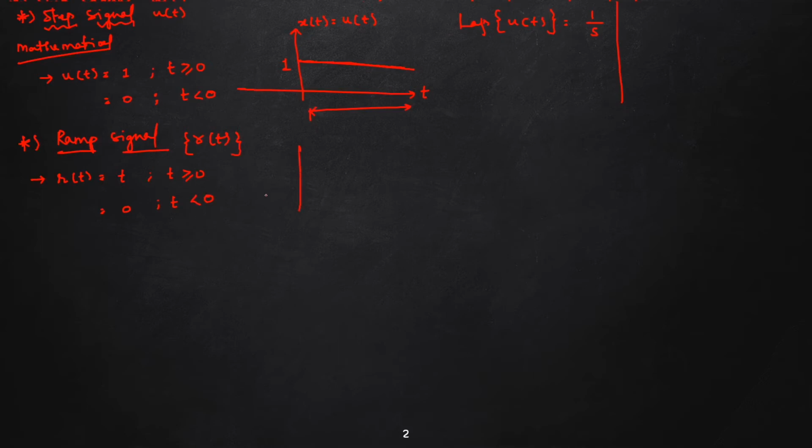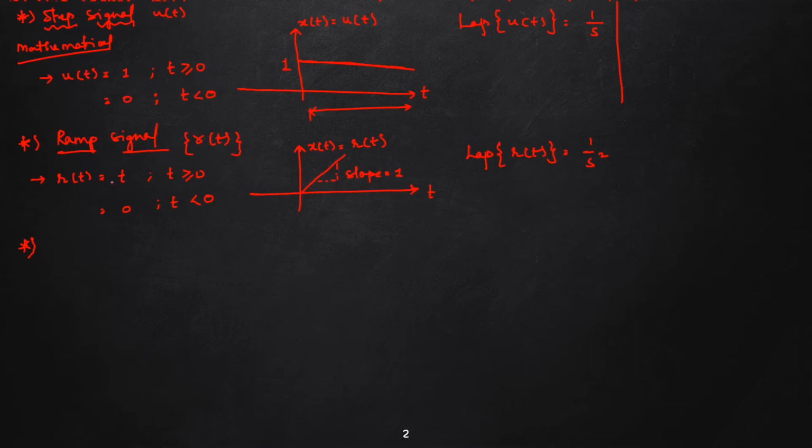Coming to its graphical representation, again this is x of t, which is equal to r of t, as we are drawing for the ramp signal. The ramp signal representation will be something like this, and the slope of this line is equal to 1. And the Laplace transform of small r of t, that is the ramp signal, is equal to 1 upon s square.